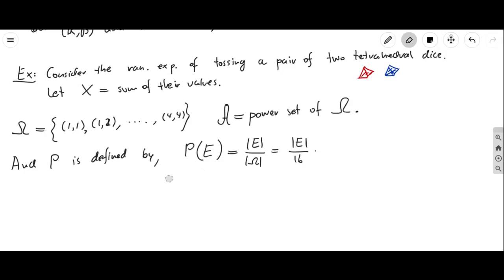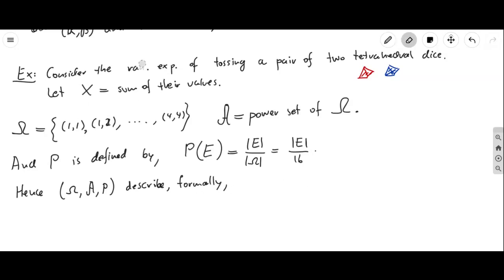Because all of these are equally likely, the probability of an event is only determined by how many sample points are in the event. So hence this triple, sigma, script A, and P, describes formally, right, this is the formal description of this random experiment.